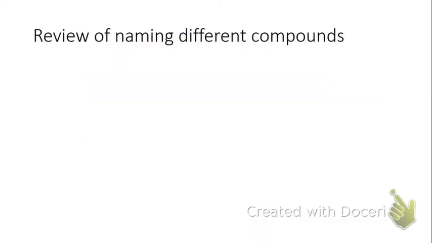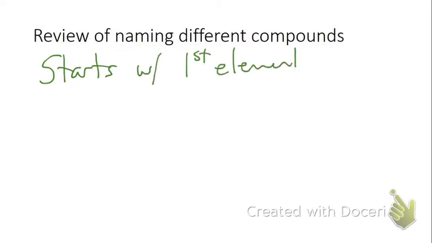So finally, how do we know whether we're naming an ionic compound, a molecular compound, or an acid? It all starts with the first element. If the first element is a metal, we are naming an ionic compound.